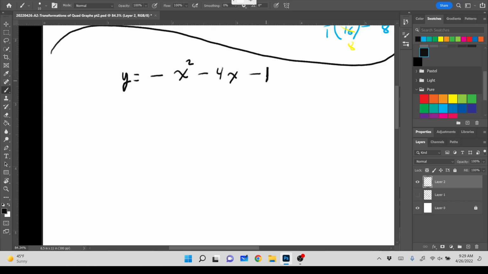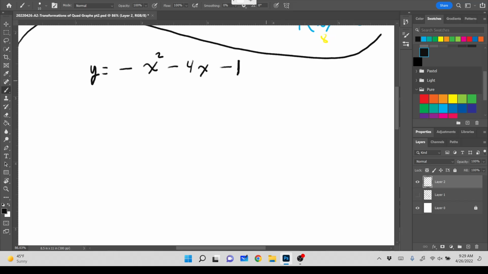Okay? We want to get this into vertex form, so what should we do? What is step 1? Move C over. That's a very difficult, very strenuous process. Now what?